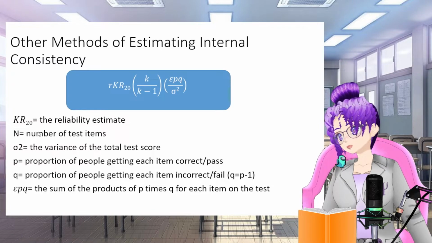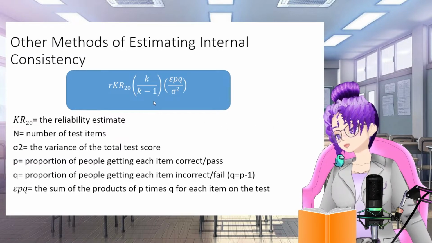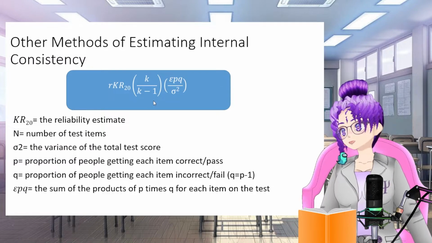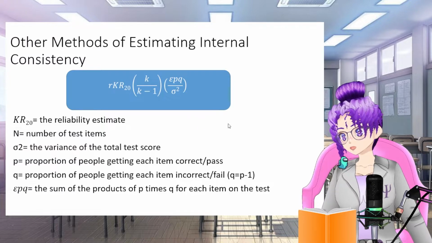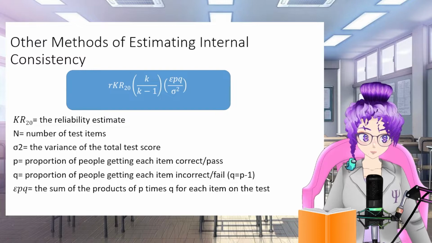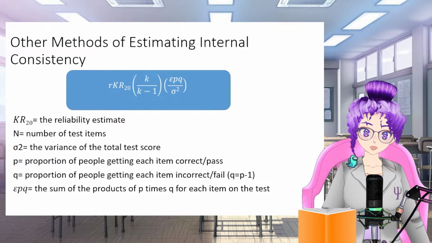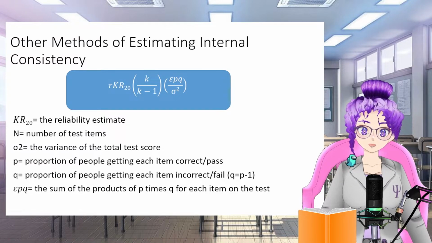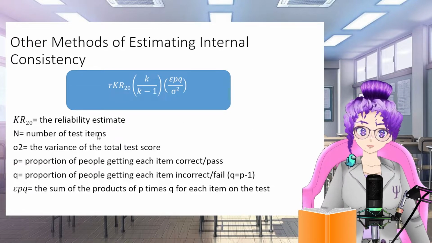So KR20 is the reliability estimate, K is the number of test items, sigma squared is the variance of the total test score, P is the proportion of people getting the item correct, or who pass the item, Q is the proportion of people getting each item incorrect, or who fail, and the summation of PQ is the sum of the products of P times Q for each item of the test.